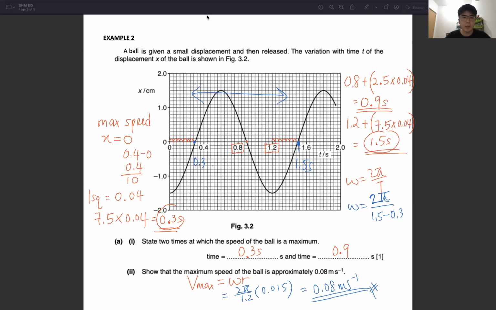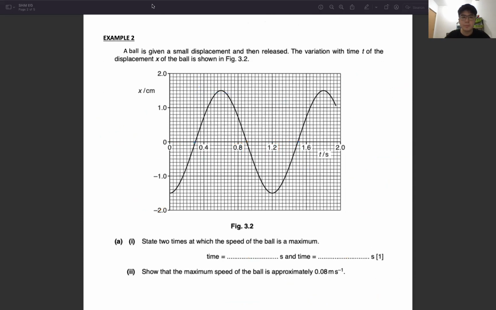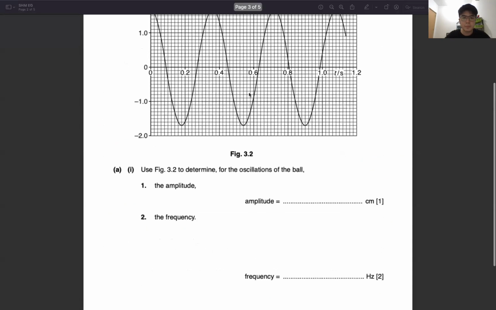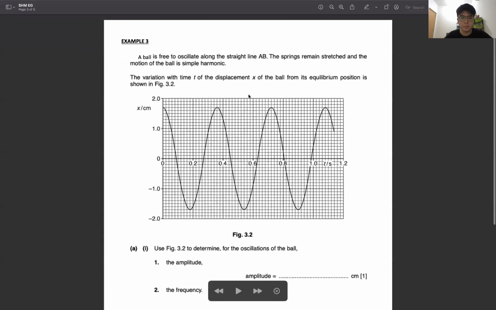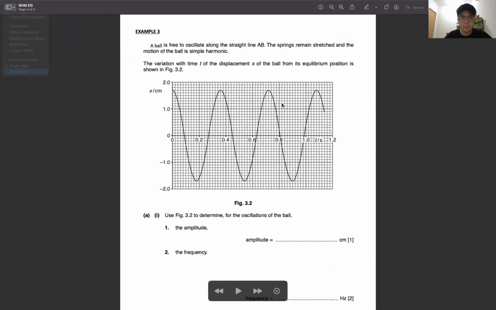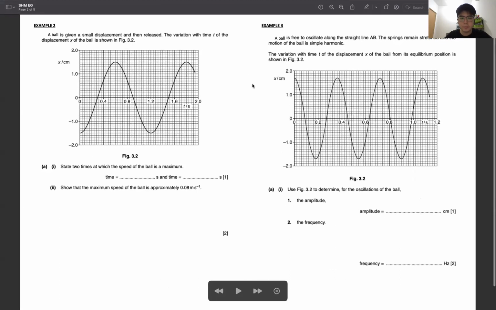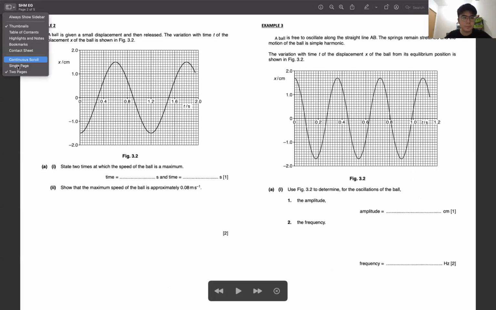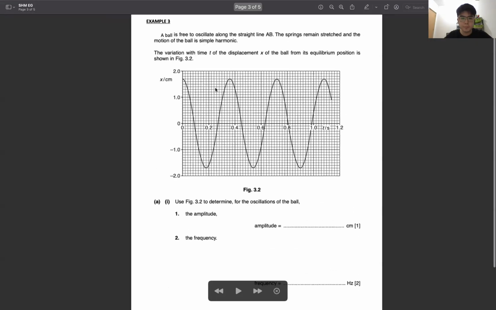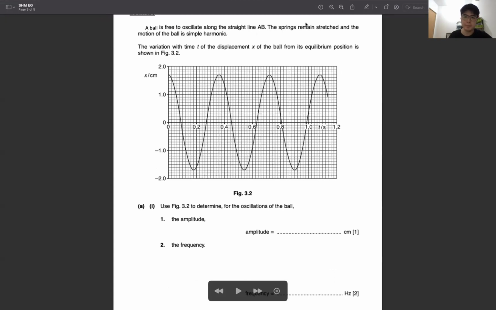Okay, we have one more, last one. Okay, example 3.